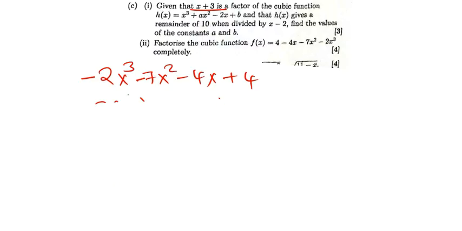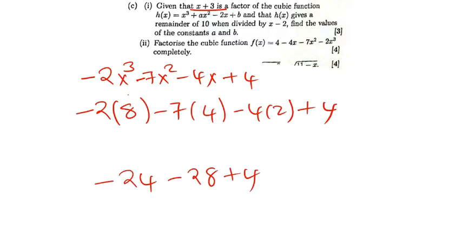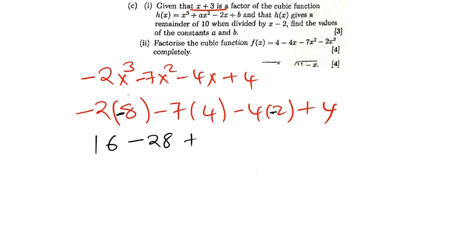Well, it seems like if we had to use a positive one, things are going to work here. If we're going to use a -2, this would be a -8. This will remain still positive. This will be a negative. So this will be +16. That will be a -28. This will be +8. That will be +4.